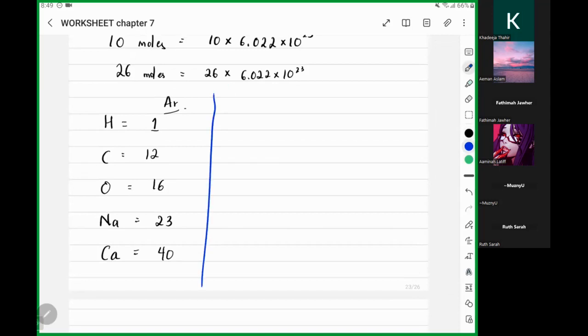if he took the mass of these elements, listen, in grams to a value equal to their relative atomic mass, in the sense if he took 1 gram of hydrogen, 12 grams of carbon, 16 grams of oxygen, 23 grams of sodium, 40 grams of calcium, for any element, this is what he discovered.